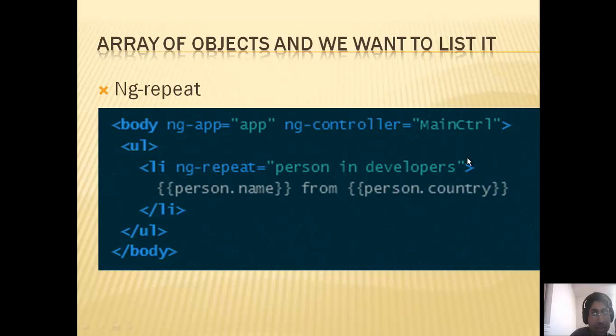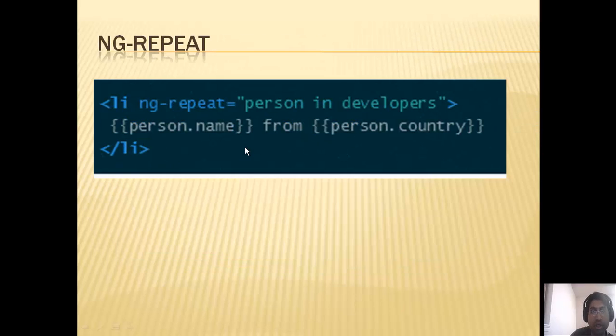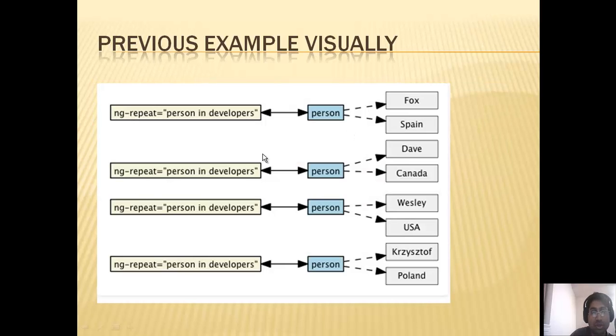Each of the developers has become person, and we are just showing the name and corresponding country here. And the main controller is there, and it has to be within the scope. It's the same thing, just written twice.